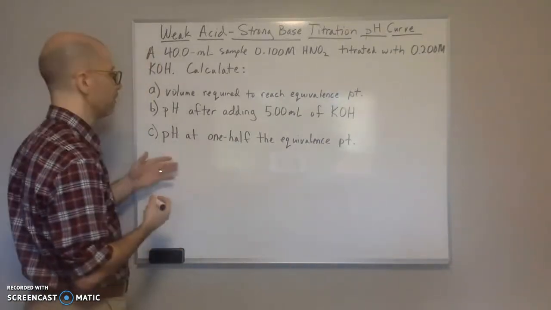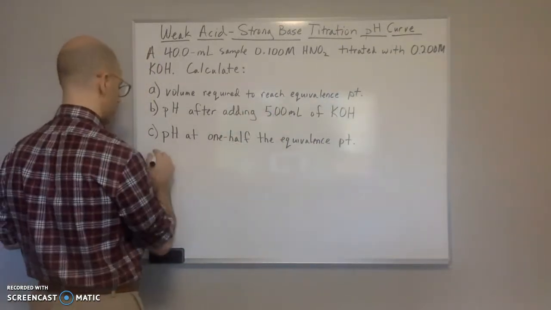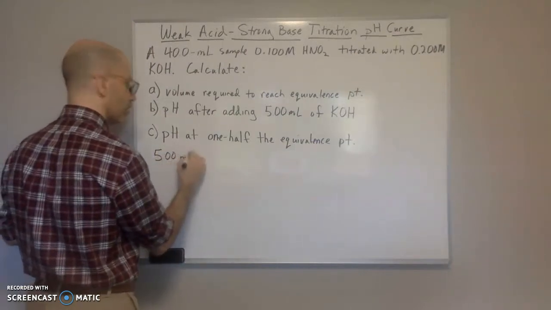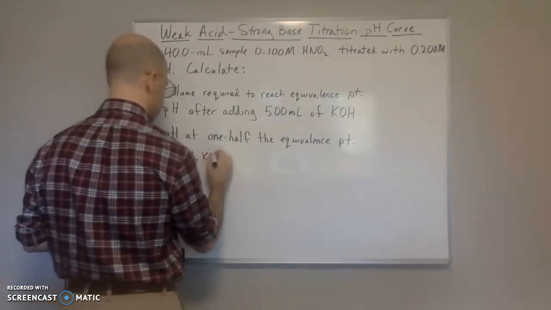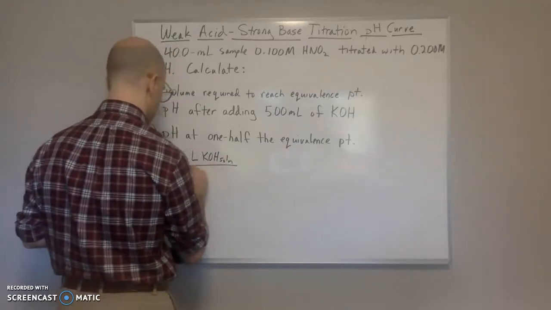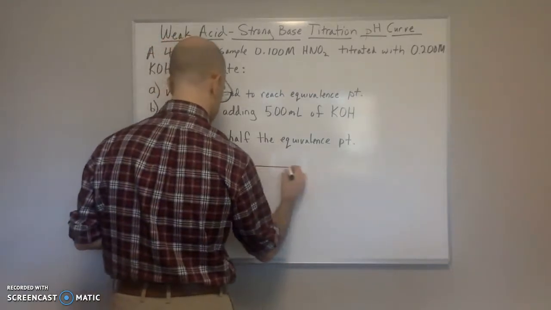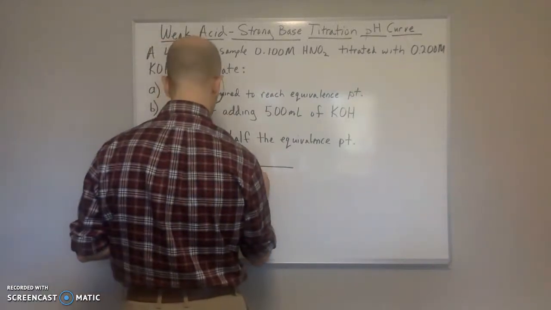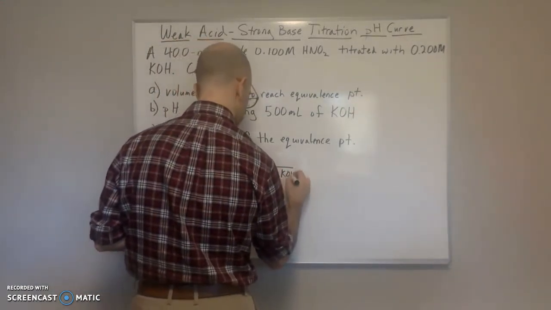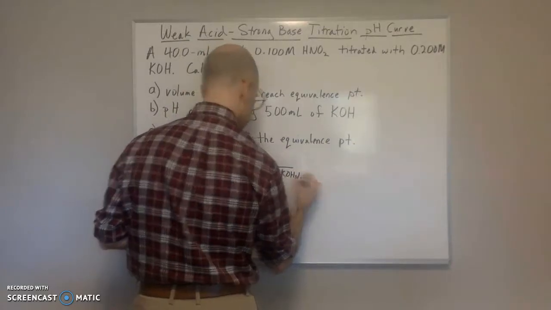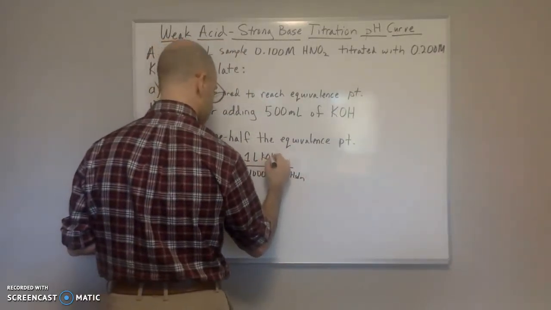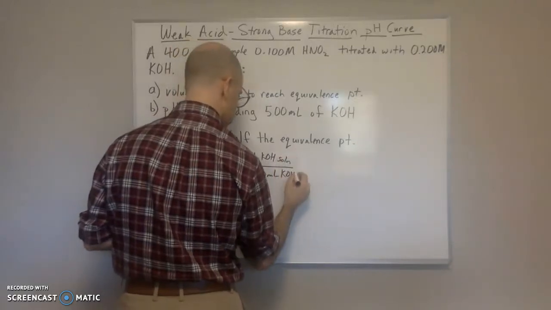Okay, so here we're going to use 5 mL, so we have 5.00 mL of KOH solution over 1. We're going to have to convert this to liters, so 1,000 milliliters of KOH solution over 1 liter of the KOH solution.